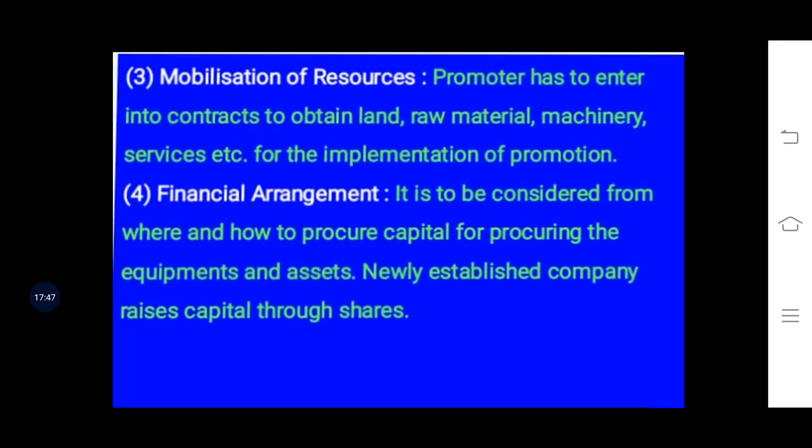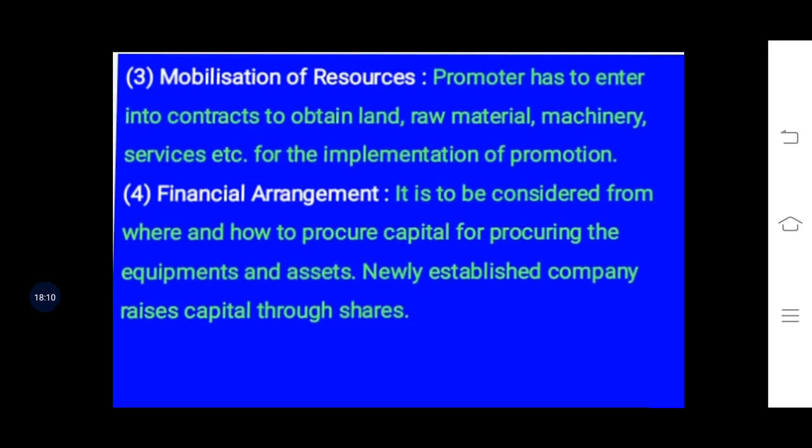As I told you, promoter is the beginner of the company, so he is the most important person, and mostly the promoters are the only ones who will do all the activities before commencing the company.